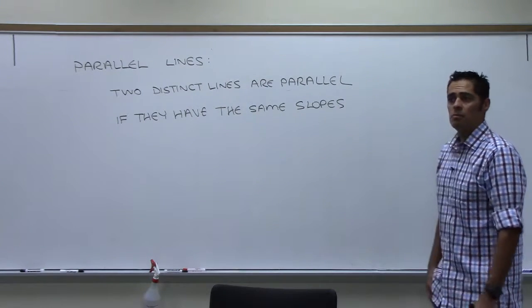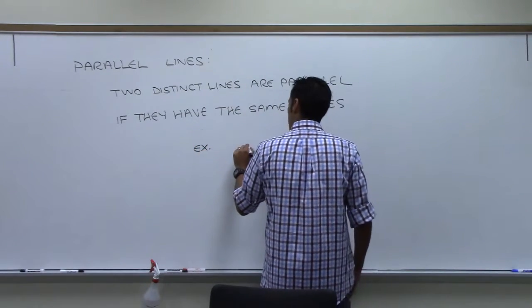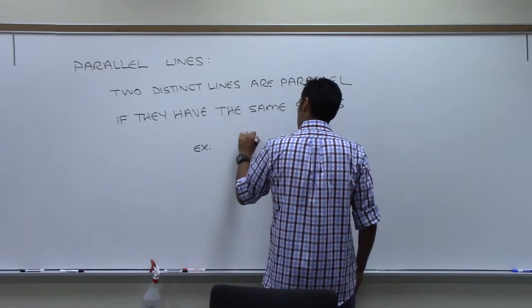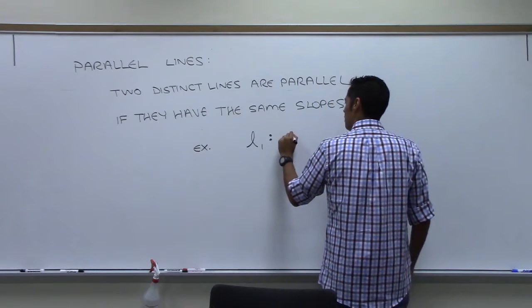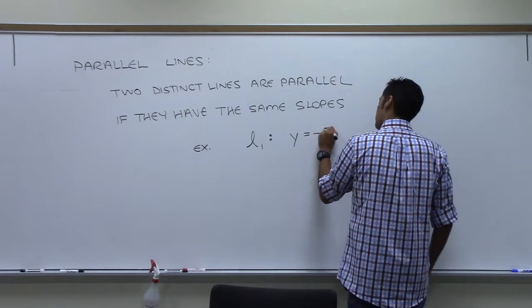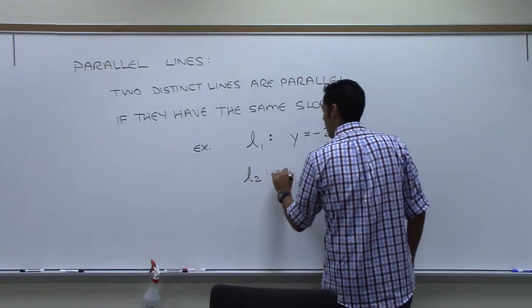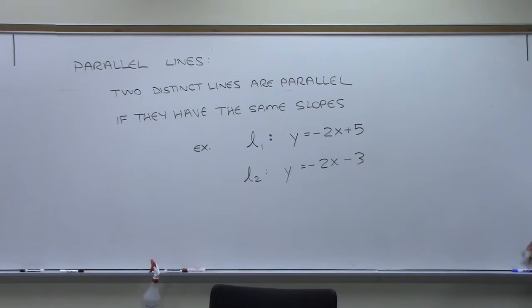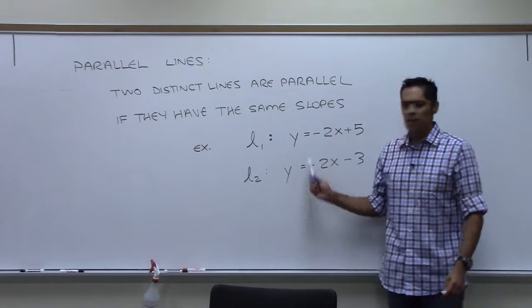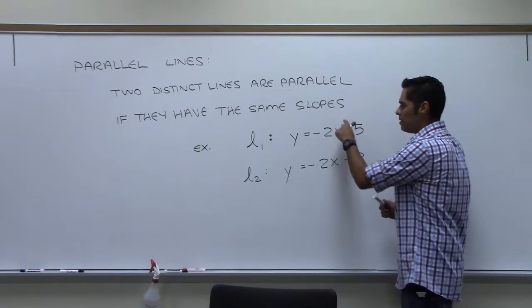So let me show you an example of this. As an example, I'm going to write it this way, L1 for line 1, colon, I'm going to let line 1 be this equation, y equals negative 2x plus 5. And then line 2, I'm going to call that y equals negative 2x minus 3. Both of these are lines, because you have an equation with two variables, x and y, both raised to the first power.